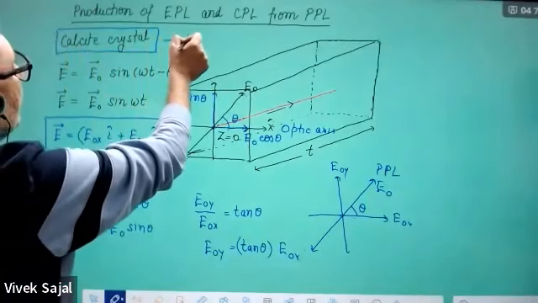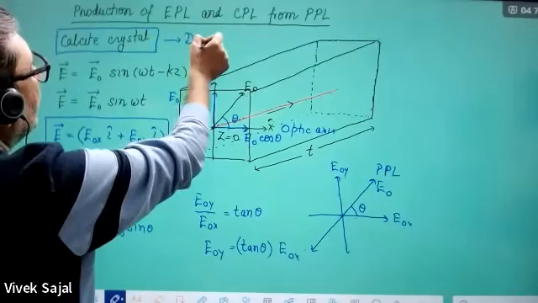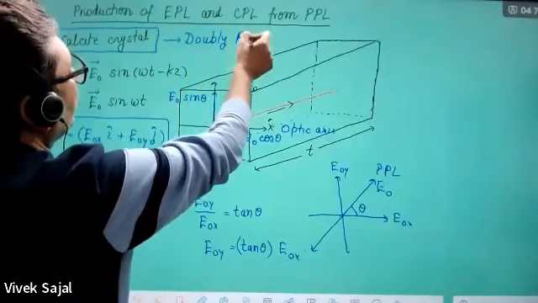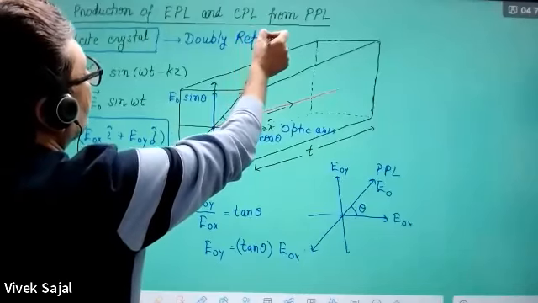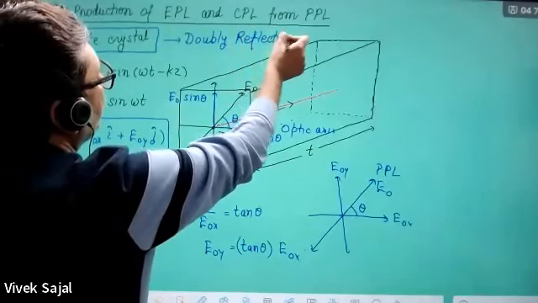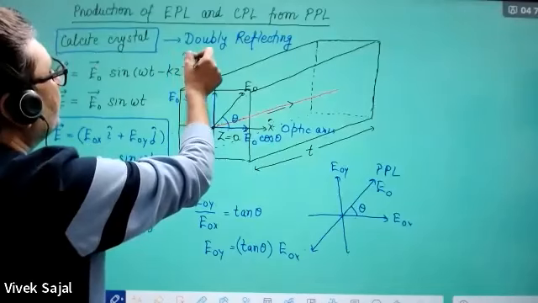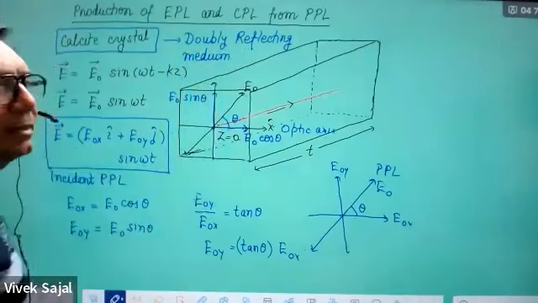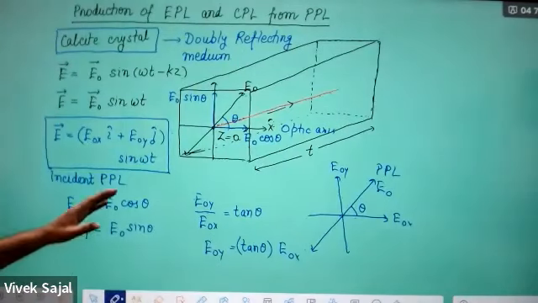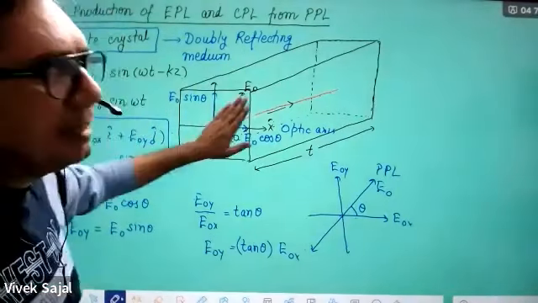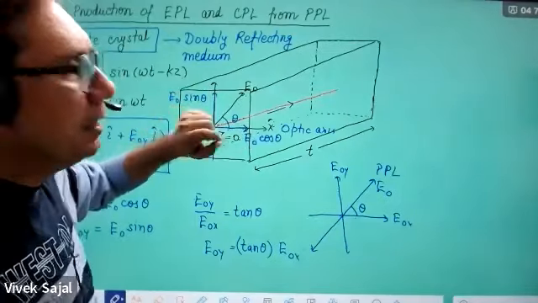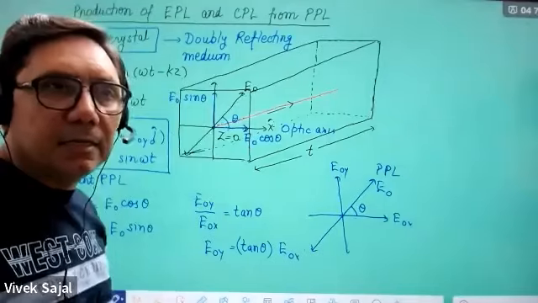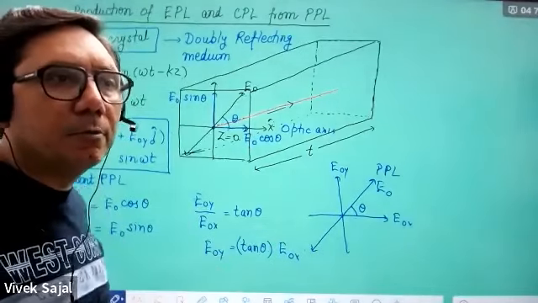This is a doubly refracting medium. So basically, when this plane polarized light is incident over it, it is going to split into two components.